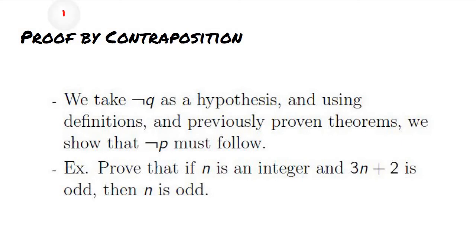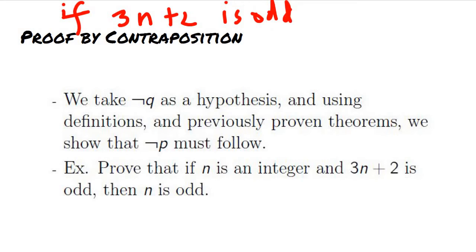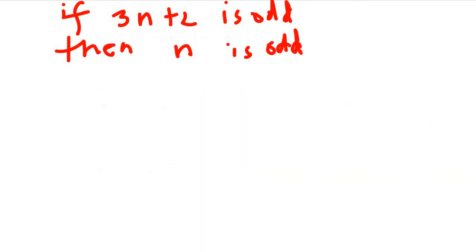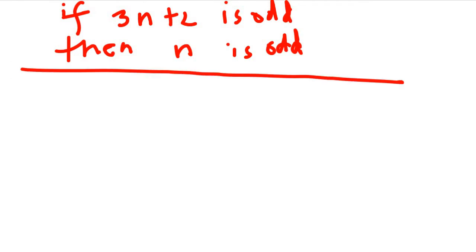So I could write this as: if 3n plus 2 is odd, then n is also odd. And we could try to prove this by direct proof. However, we will encounter a certain problem.